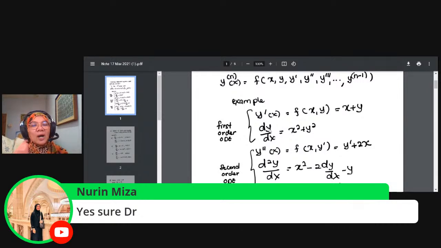For example, y is the temperature in my room and x is the space in my room. So the temperature of this room depends on the space. Another example: y is the tumor growth and x is the nutrition supporting the tumor growth. So the tumor growth depends on x, the nutrition to support the growth of the tumor, and y is the size of the tumor.